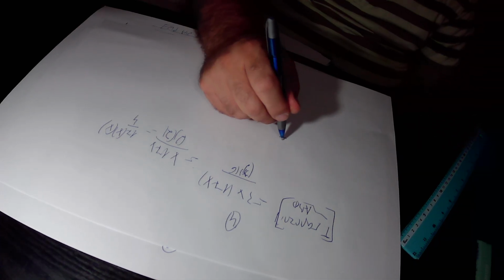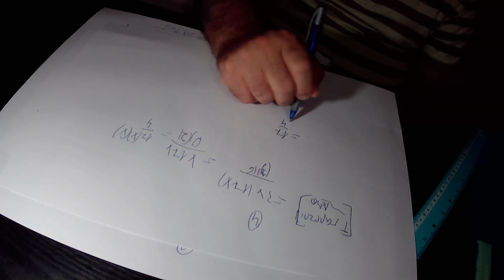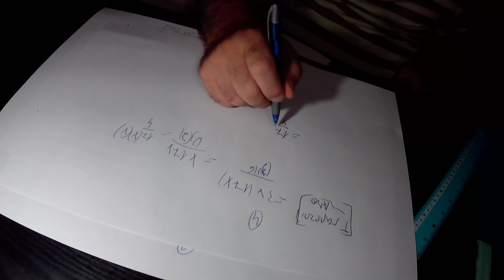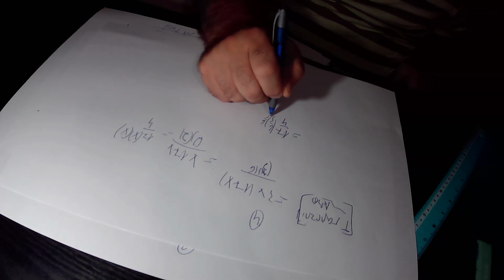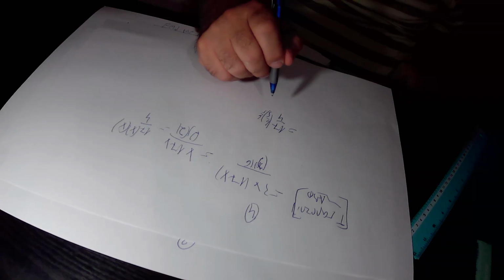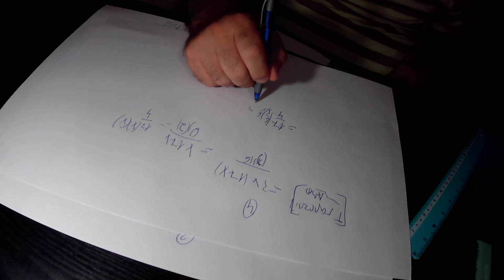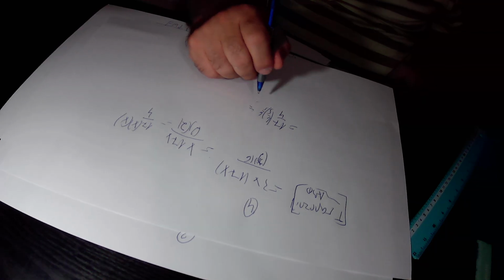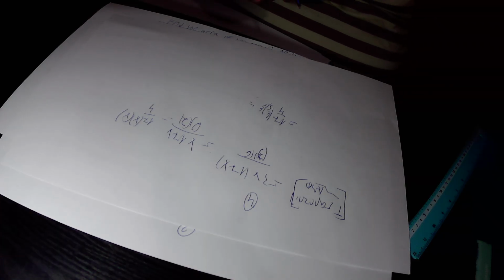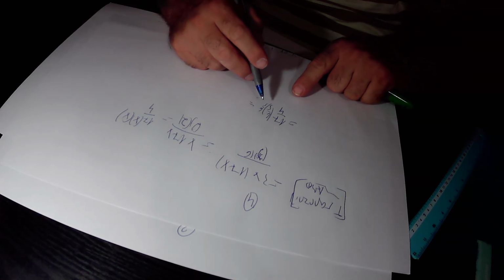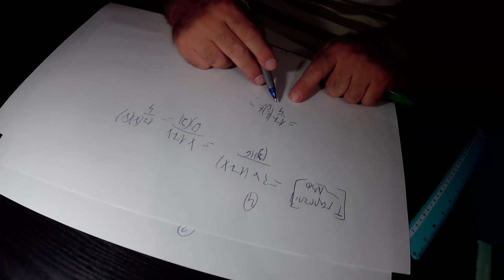So in total, the area of trapezoid ABCD will be equal to 17 over 4 times x, that is 6/5, and times x again, that is 6/5. Here we have 6 times 6, that is 36, and 36 over 4 is 9.